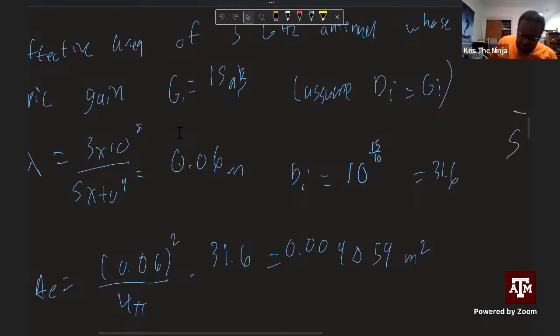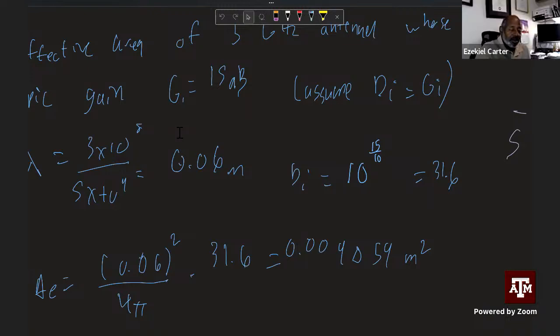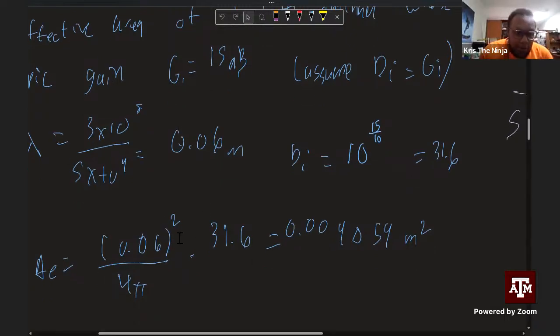So that's 15 over 10. That gives you 31.6. See, isn't it a good thing that I came back to this and started working it over again? Yeah. Got to catch it if I'm whacking. So then you take the wavelength and square it.